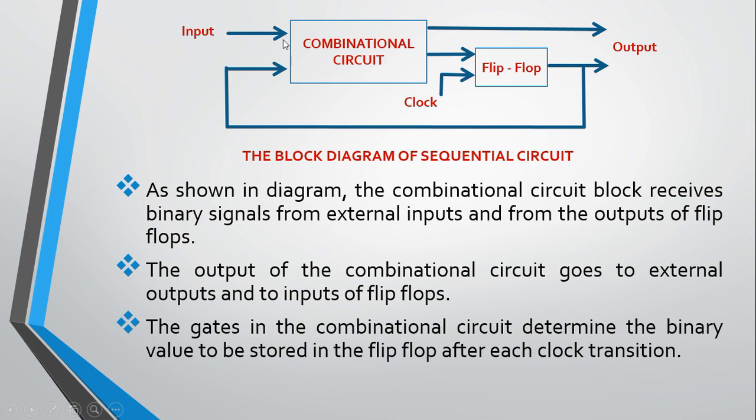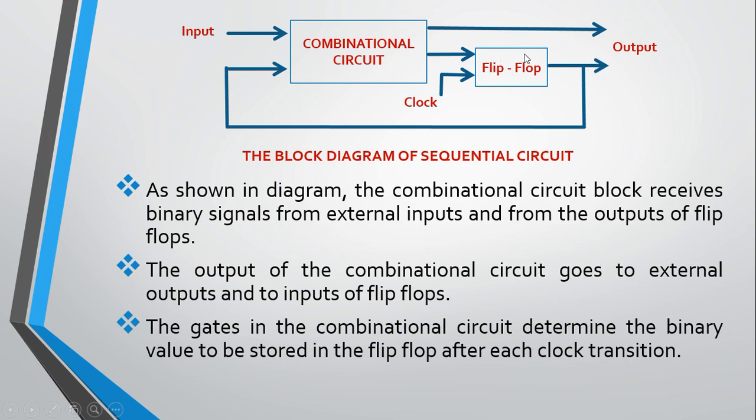There is an input variable, with the combinational circuit in between. Based on the combinational circuit, there is one output, and one output goes into the flip-flop. Inside the flip-flop, it stores the output. Again, based on that, it processes the binary information and produces output.